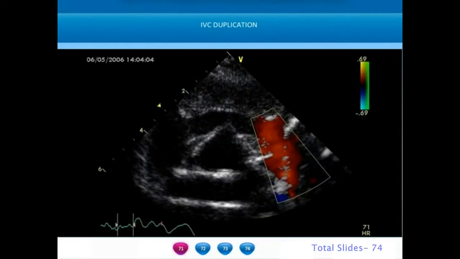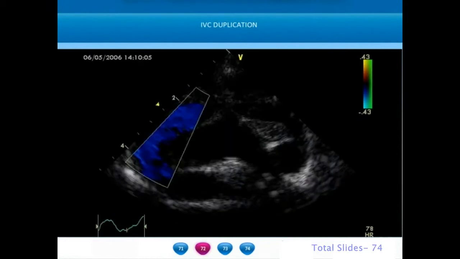When we do a color Doppler interrogation of this left superior vena cava, we can find a complete flow reversal because it is draining the whole of the left half of the inferior vena cava towards the left innominate vein. In the same suprasternal view, when we assess the color flows in the right superior vena cava, the flows are normal.